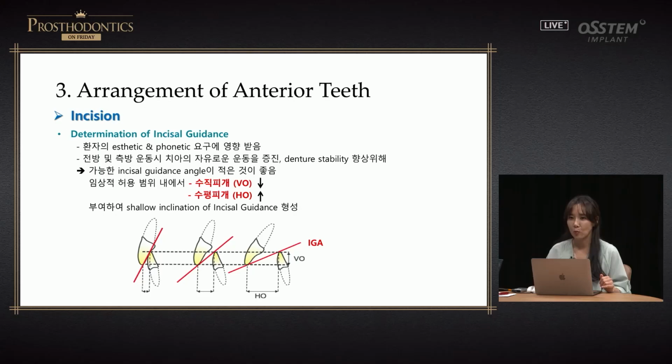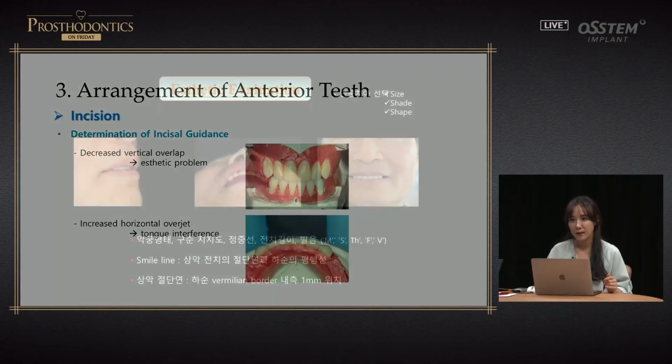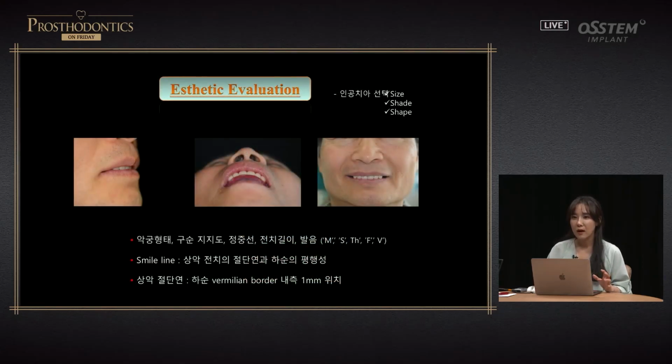IGA is composed of vertical and horizontal overlap, and they need to be checked separately. So we need to select and arrange anterior teeth considering many factors. After arranging posterior teeth, you can check in the mouth.